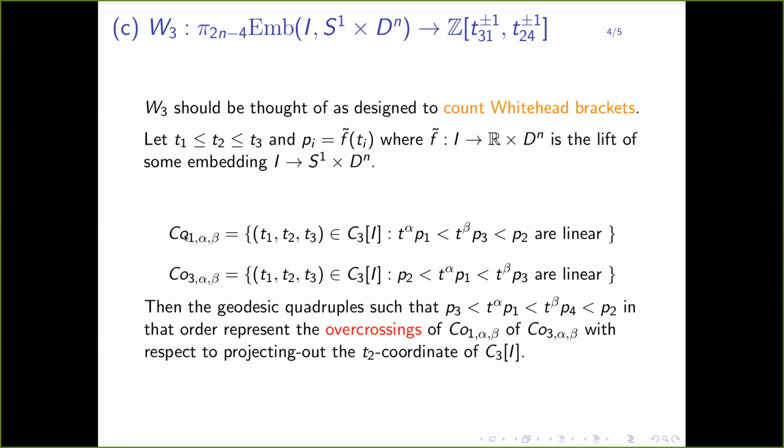Sorry. This should have been co3ab, and that's co1ab. Because here there's the triple that are on a straight line, and this is the ordering along the straight line. I meant to switch these definitions. Sorry about that, that's a typo.